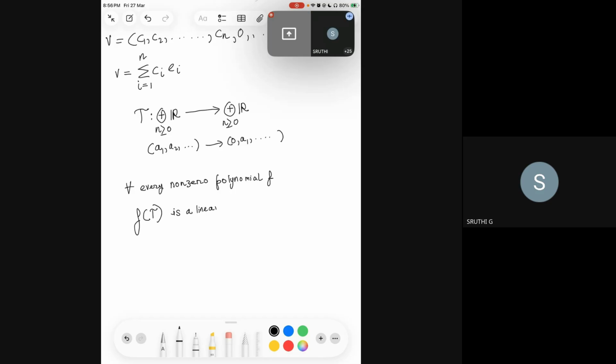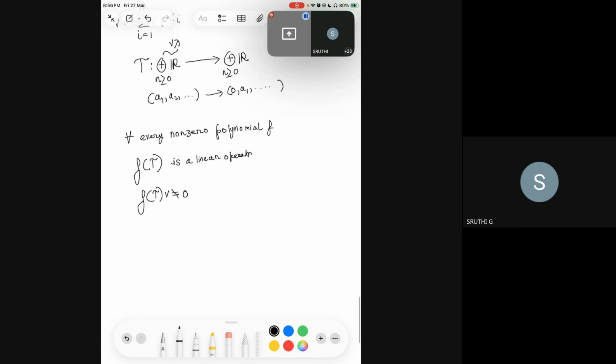So if it is not an analytic polynomial, there must be some v belonging to this vector space such that f(T) of v must not be equal to zero.